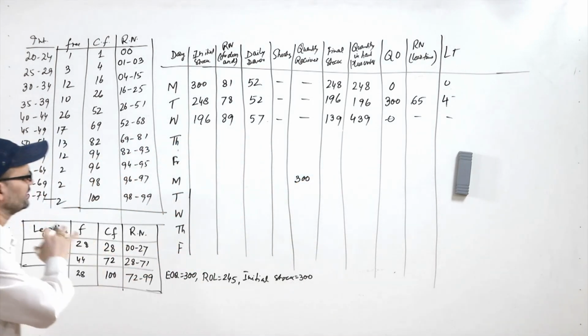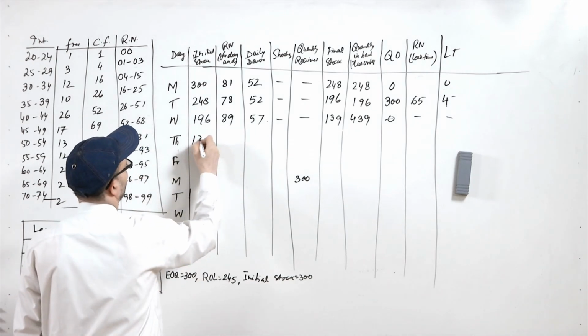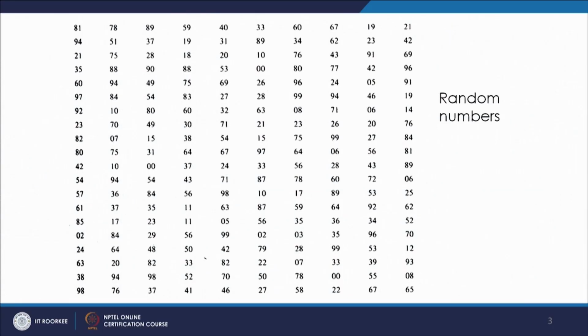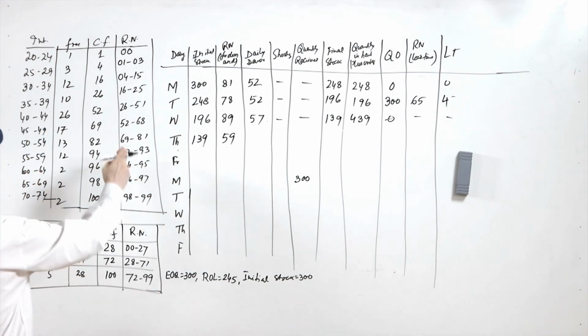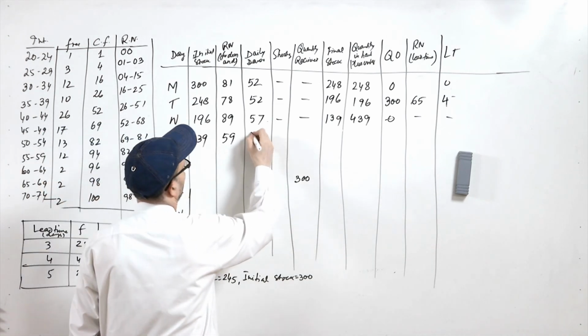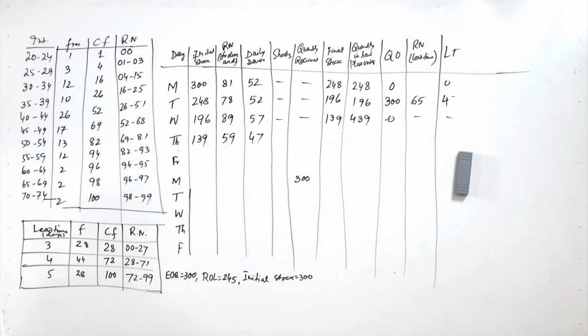Now, before that the simulation has to move. So, we have 139 remaining, and the next random number comes out to be 59. For 59, the daily demand will be looked up again here. That will be 47, and it will be 139 minus 47.